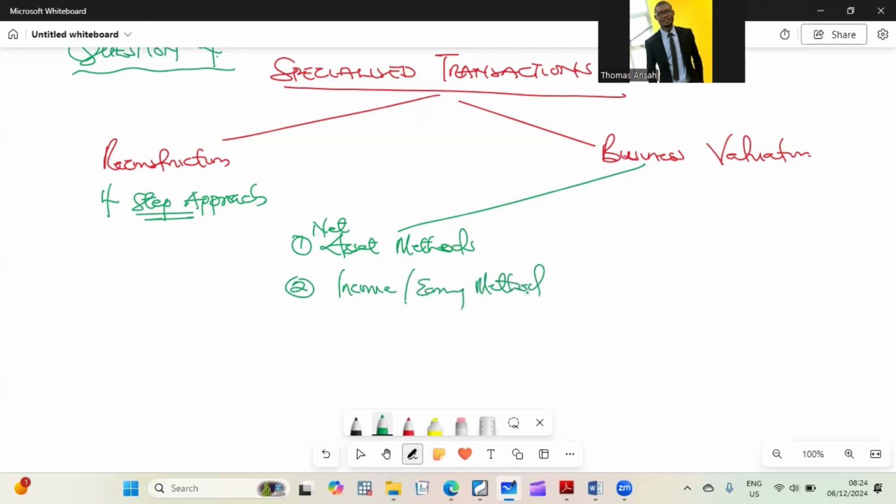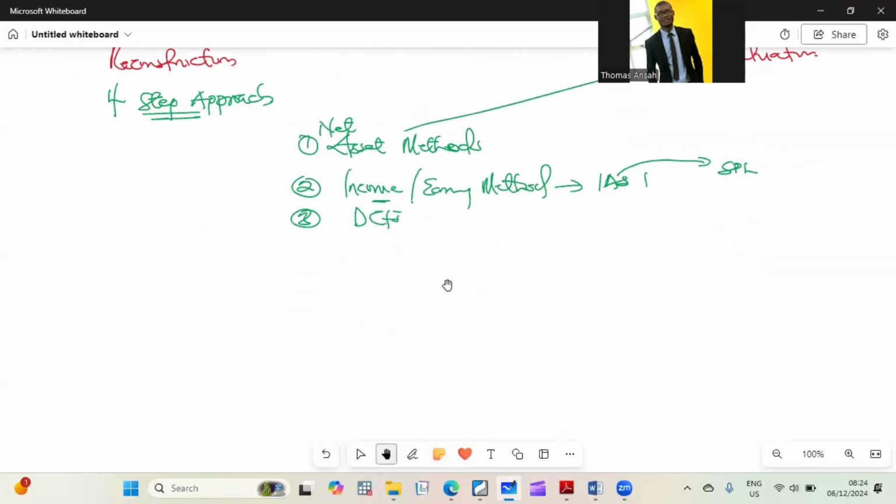Then lastly, in corporate reporting, we have the DCF, the discounted cash flow. Now, this one is teaching you how your IAS 1 should be, and therefore it is about how you know your structure of P&L, because it is an income-based method. But our classes from next week, when we start the main class, we'll start from here.